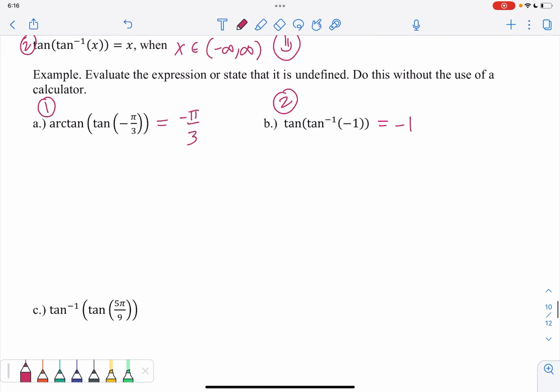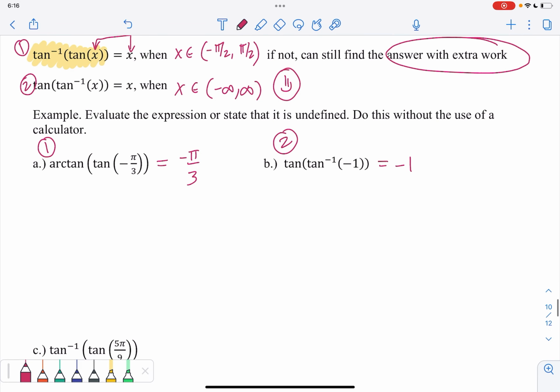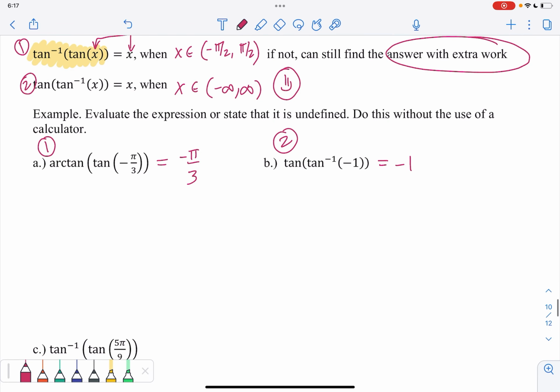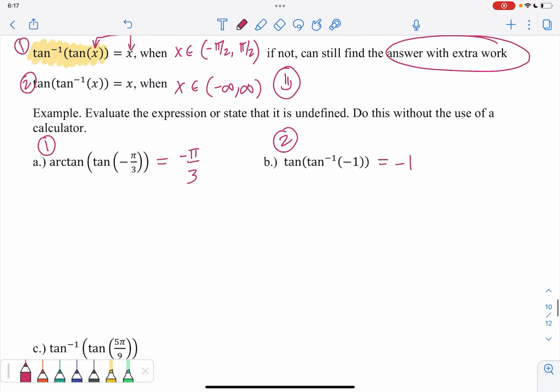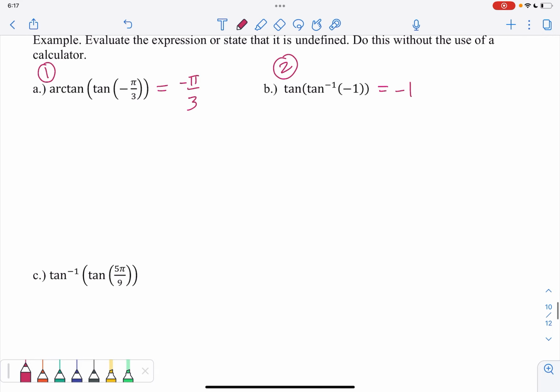So tan inverse on the outside of tan of 5 pi over 9. Well, where does 5 pi over 9 live? It's a little tricky to see, but we know that if x is in negative pi over 2 to pi over 2, then we get this easy case.